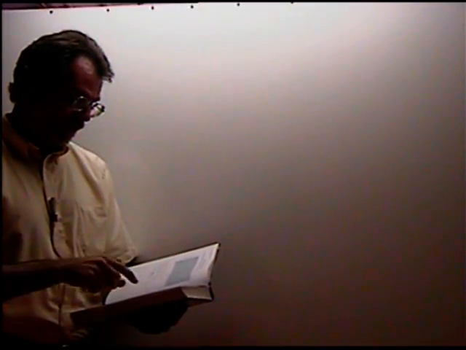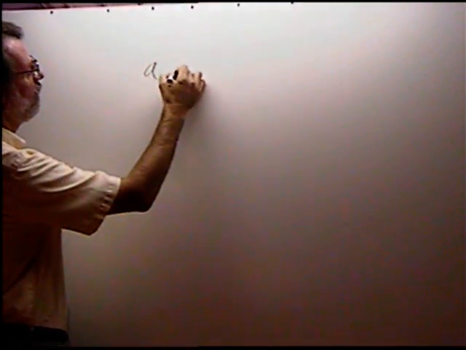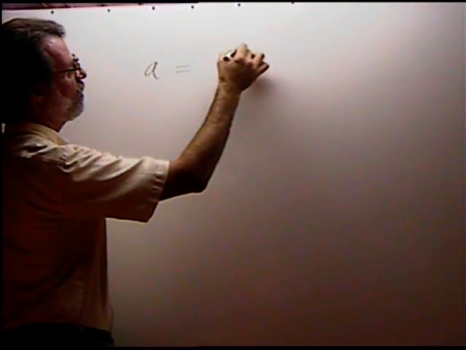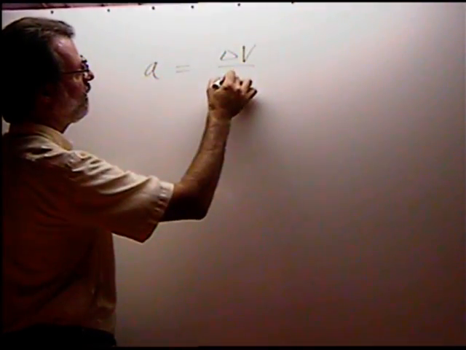So, if we start with chapter 2, page 37, the basic equation that we start with in this chapter is acceleration equals a change in velocity divided by a change in time.